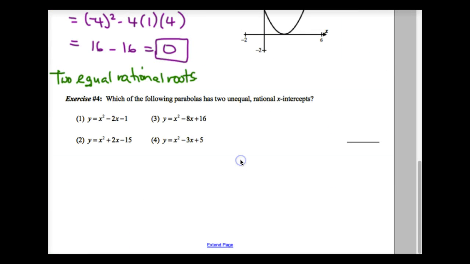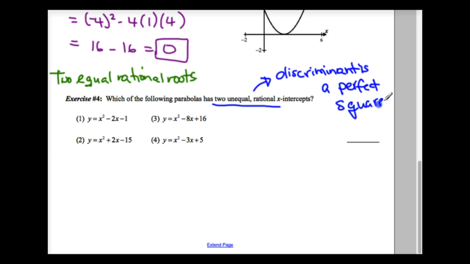So the last example before we move on is, which of the following parabolas has 2 unequal rational intercepts? So we know that any quadratic will have 2 unequal rational intercepts when the discriminant is a perfect square.